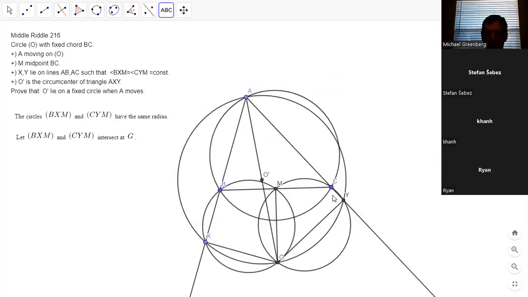So G, so how do we know? Oh, because BM equals CM, how do we know G lies on, because we know G lies on the perpendicular bisector of BC. How do we know it lies on the angle bisector from A?